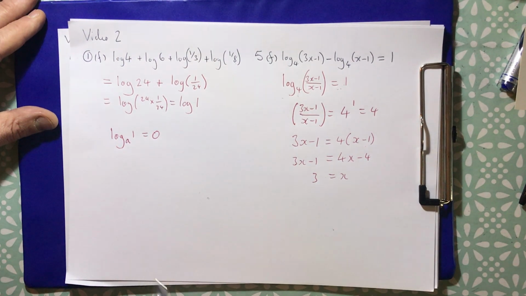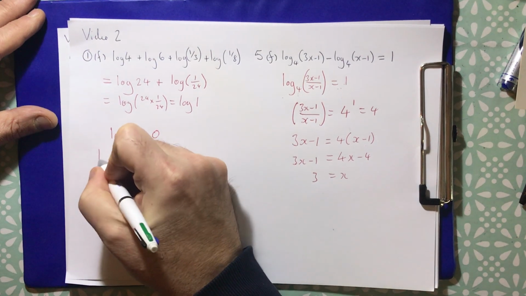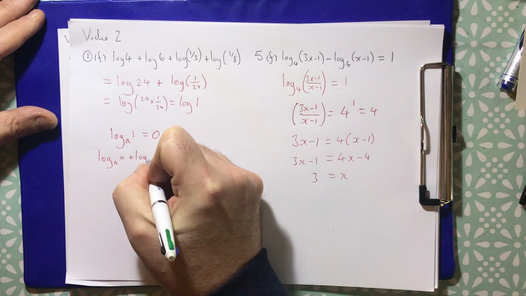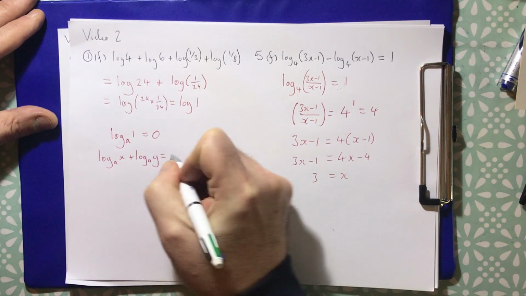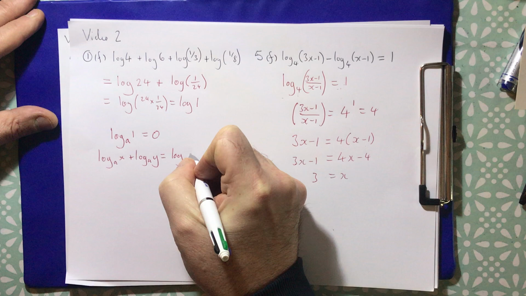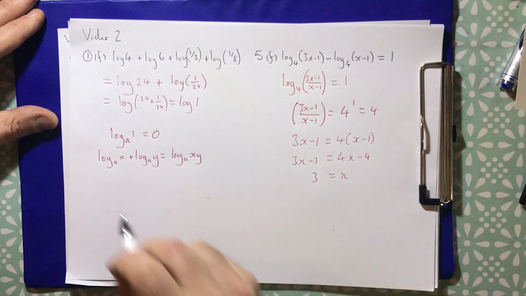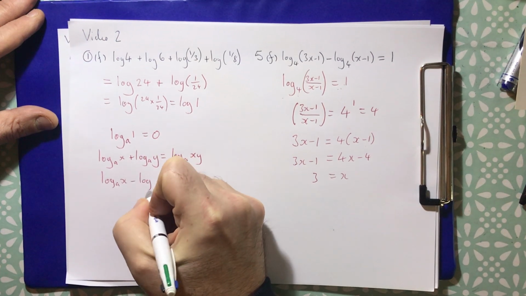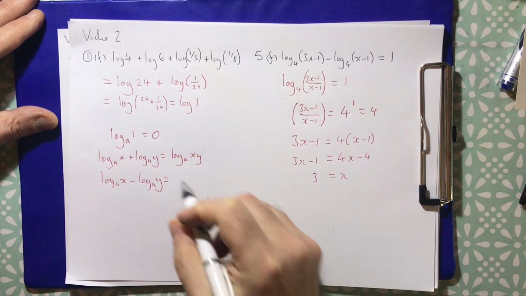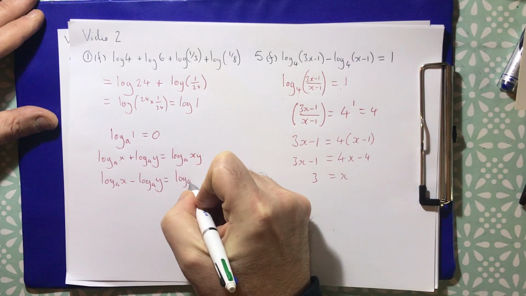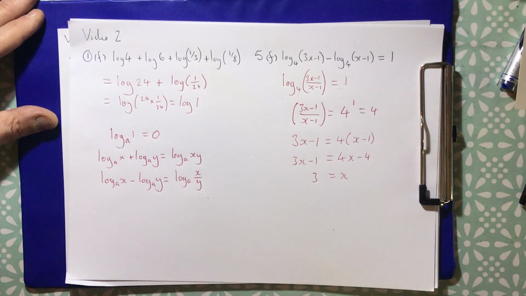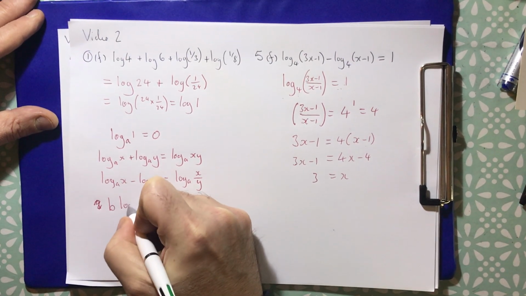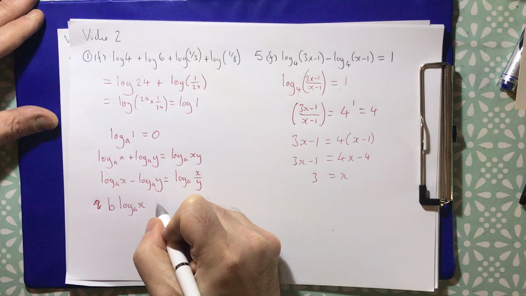We also knew when we add logs, it's multiplying. When we subtract logs, it's dividing. When you multiply a log, I'll put b, log to the base A of x, let's keep it general.